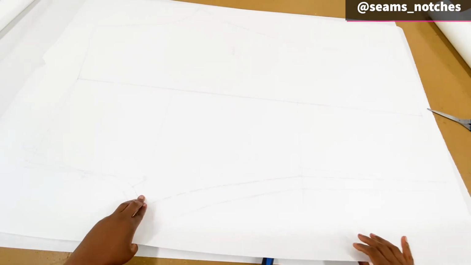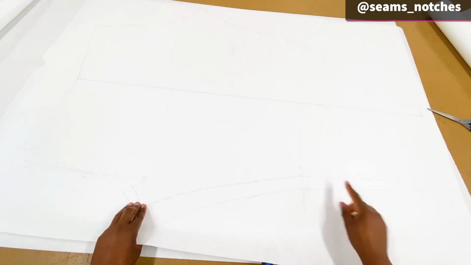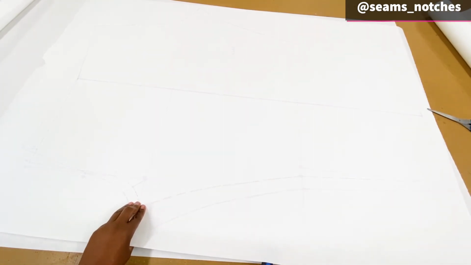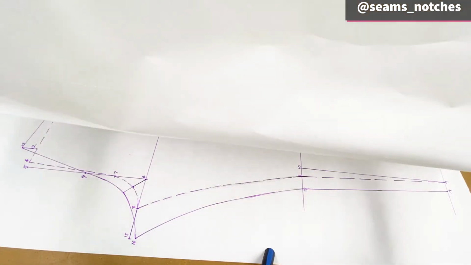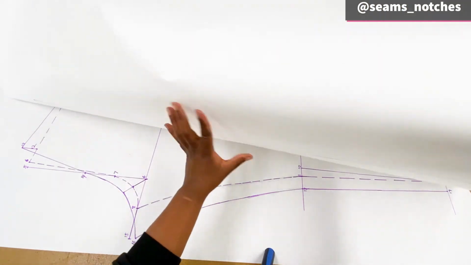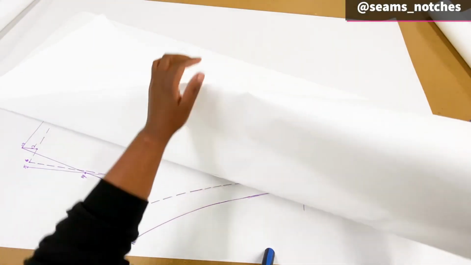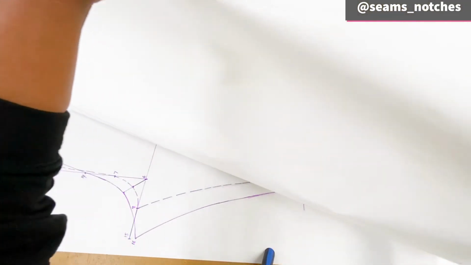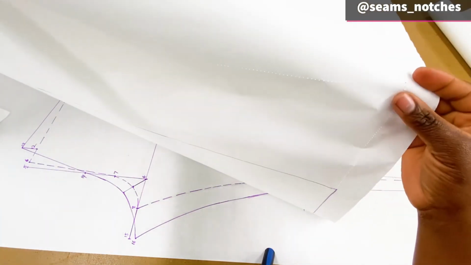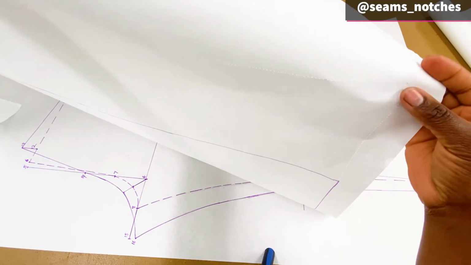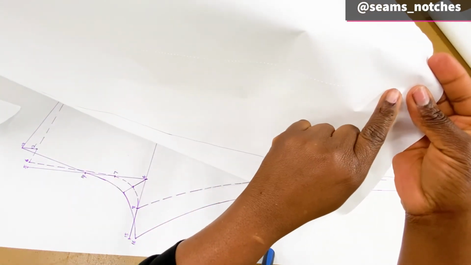Now we have traced our front pattern piece using our tracing wheel, and we are going to flip over our pattern paper again. As you can see, because we used our tracing wheel, you can see the tracing wheel piercing through our pattern paper.